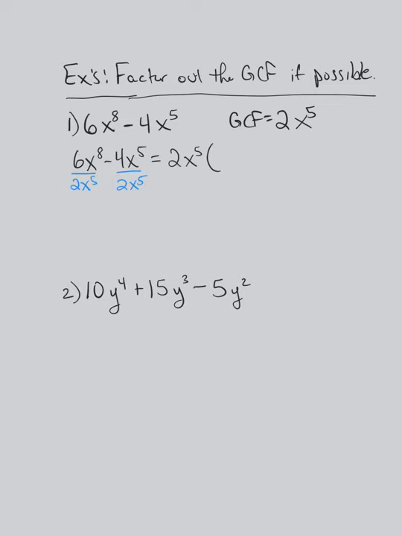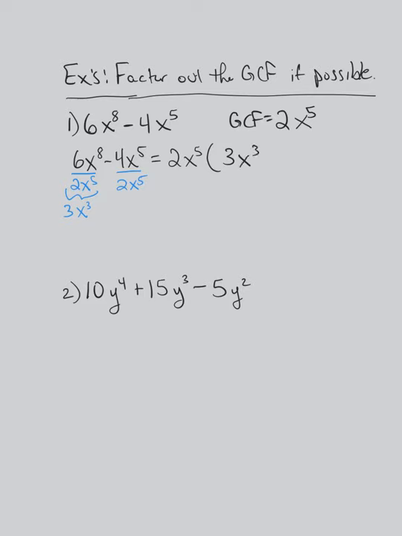First, 6x to the eighth divided by 2x to the fifth: 6 divided by 2 is 3, and then I subtract the exponents. 8 minus 5 is 3 as well. So the first part in the parentheses is 3x to the third.